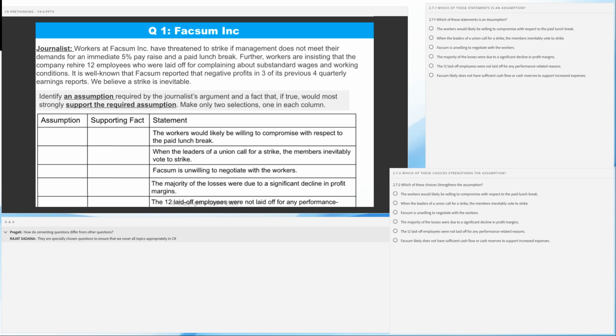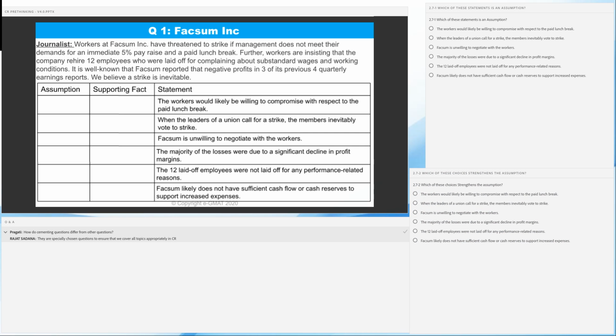Okay. And for you to be able to read this properly, here is your argument. Okay, I'm going to mute myself. You guys have about 3 minutes to answer this question. Again, it's the same set of choices. One of them is the assumption. The other one strengthens that assumption.